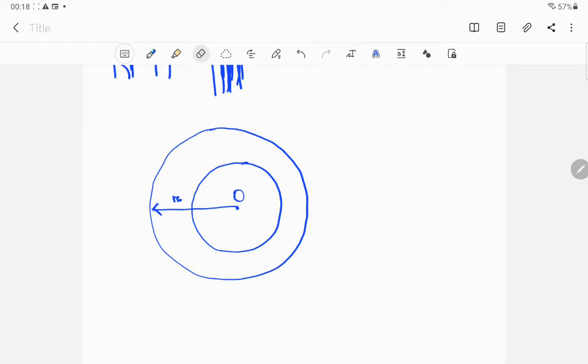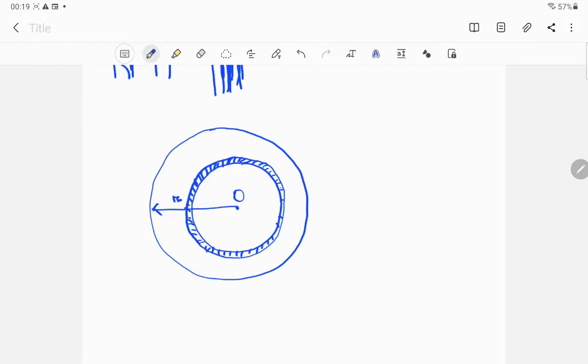We will be considering this of thickness dx. My figure is not that perfect, so whenever you draw for your exams, you will have to draw the diagrams in a little better way.